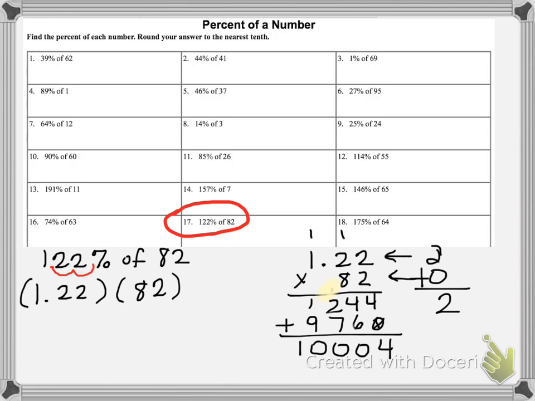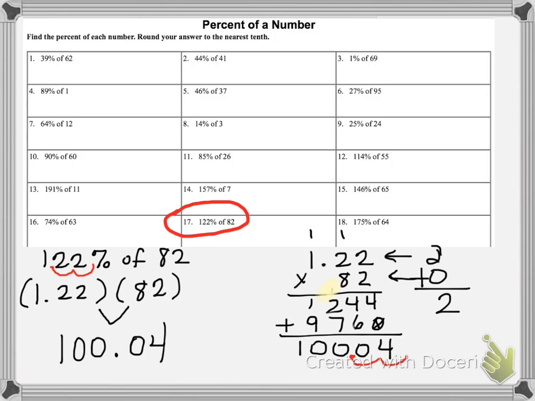So that means in my answer, I'm going to have to move 2 places to the left. 1, 2. So that means that my final answer, okay, caret for good format, is 100.04, or 104 hundredths.